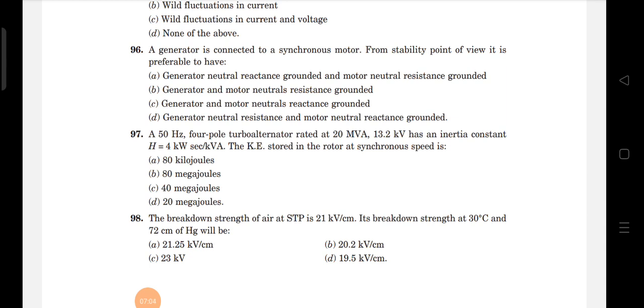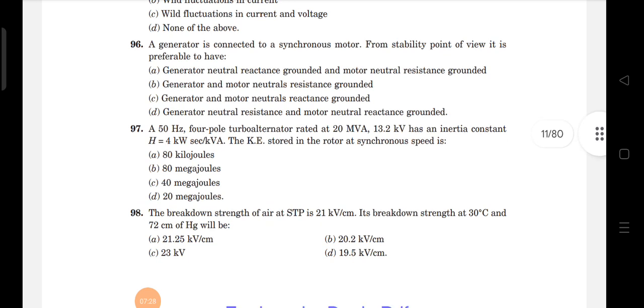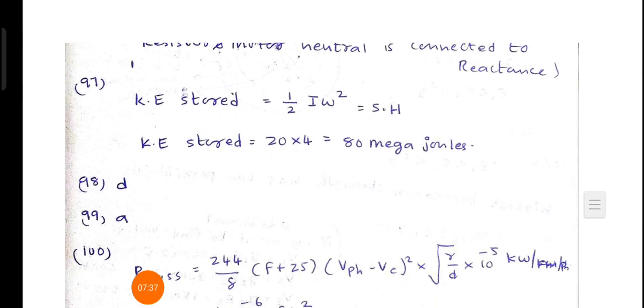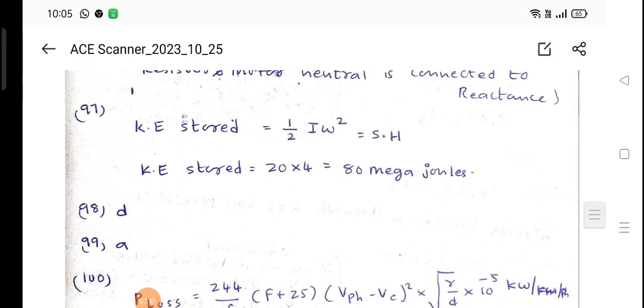Next, a 50 Hz 4-pole turbo alternator rated at 20 MVA, 13.2 kilovolt has an inertia constant H equal to 4 kilowatt second per kVA. The kinetic energy stored in the rotor at synchronous speed is given as half I omega square, or S into H, where S is the rating of the device and H is the inertia constant.